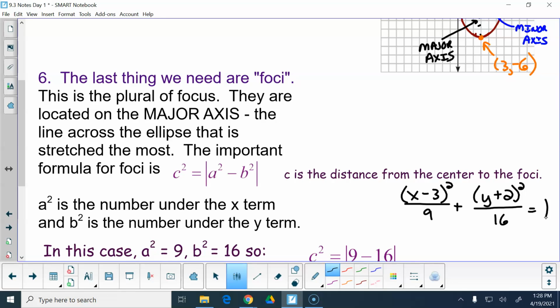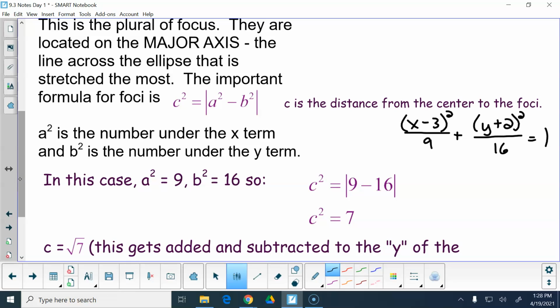That is the equation of our ellipse that we're graphing right now. So in this particular case, a squared is 9 because 9 is underneath the x term. B squared is 16 because it's underneath the y term.